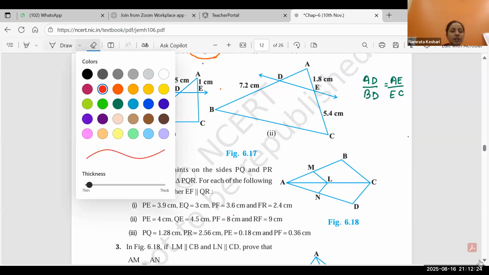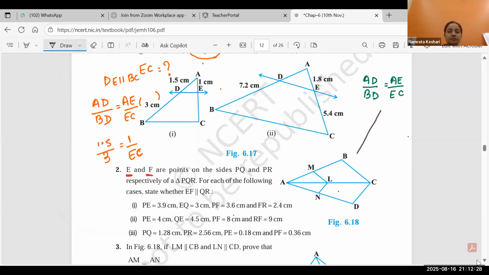I'm not getting anything except the fact that there is a triangle PQR. Now again I will read. E and F are points on the sides PQ and PR, there is a point E, there is a point F. Is it making sense to all of you?